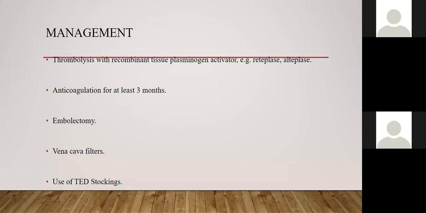And then you need to get rid of the clot. So you give medication that would break down the clot, and that is where thrombolysis comes in. Okay.